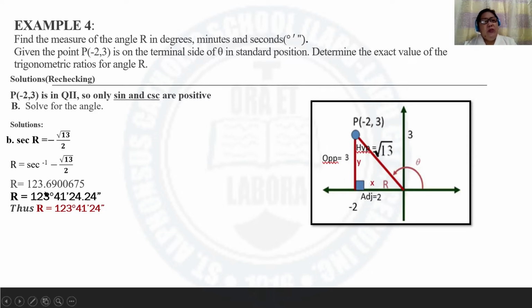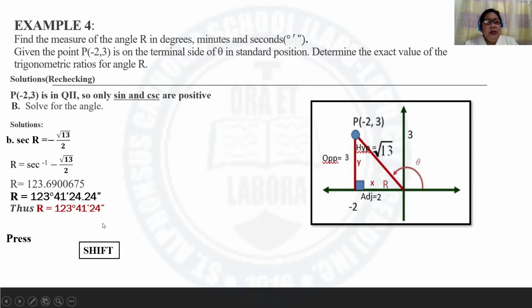And the value of R is 123.6900675. And converting this to degrees, minutes, seconds, it will give you 123 degrees 41 minutes 24.24 seconds. Thus, R is equal to 123 degrees 41 minutes and 24 seconds.